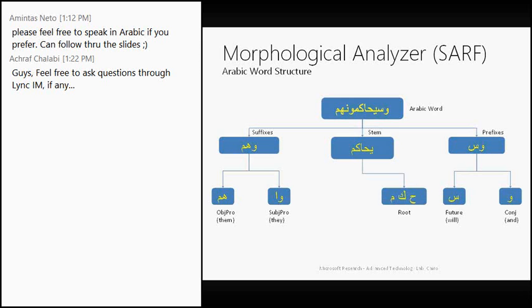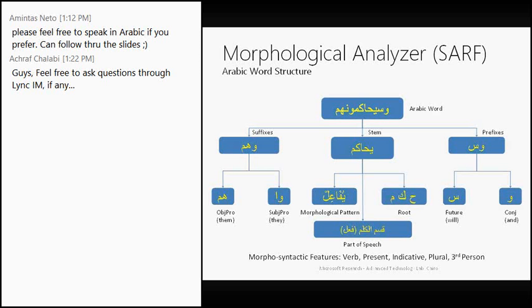Its stem is يحاكم, has a root حكم and a morphological pattern. Its part of speech is a verb. So what we can see here is that this word is a complete sentence. It has a verb, a subject, an object, and even a conjunction. It also has some morphosyntactic features like being in the present tense, plural, and third person.